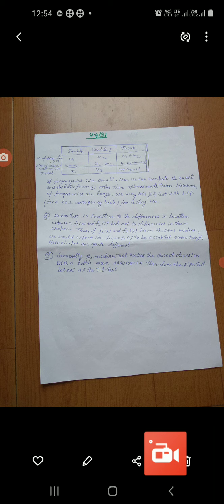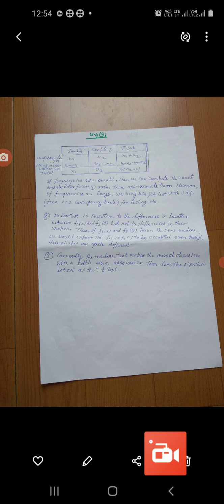The totals are n1 in sample 1 and n2 in sample 2, and n1 plus n2 equal to capital N. This is a very simple 2 cross 2 contingency table.